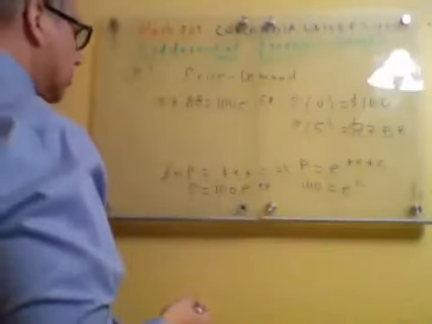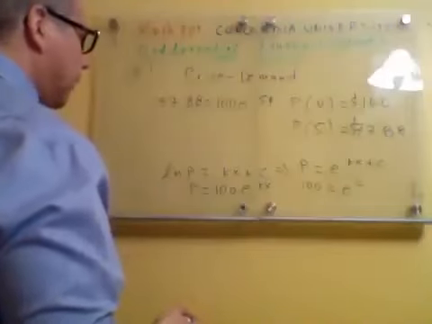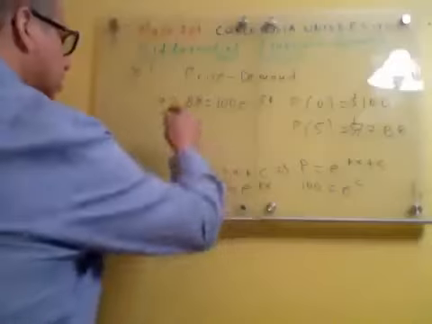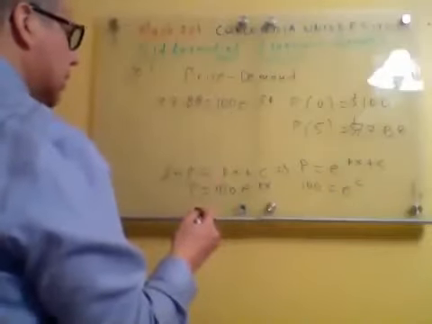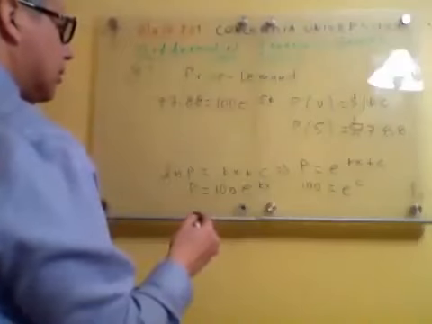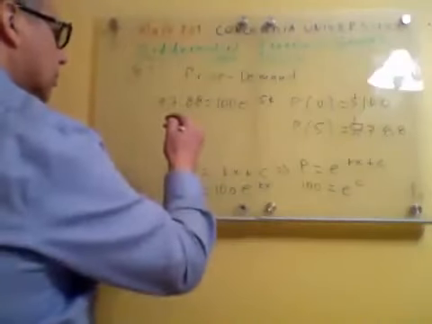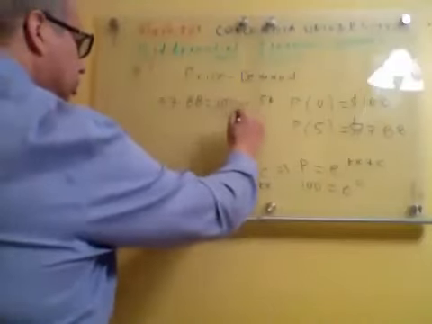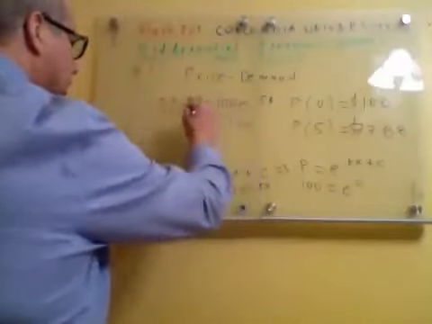Before we apply the ln function, we can divide both sides by 100.